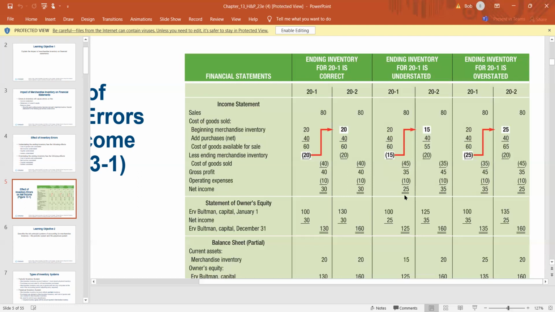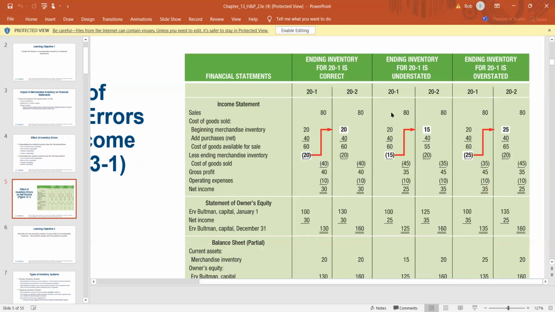As the manager of this company, you rely on the numbers. You might go and start laying people off. You might cancel the third shift in your factory and make some terrible decisions, which will burn you the next year. So the key lesson here is accounting error affects the current year and the next year.